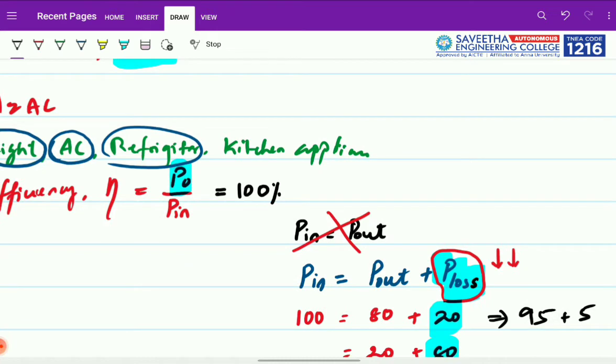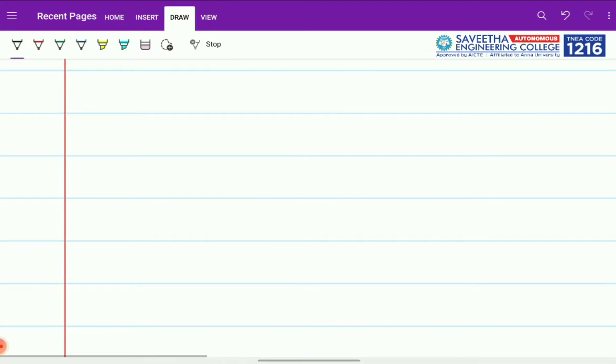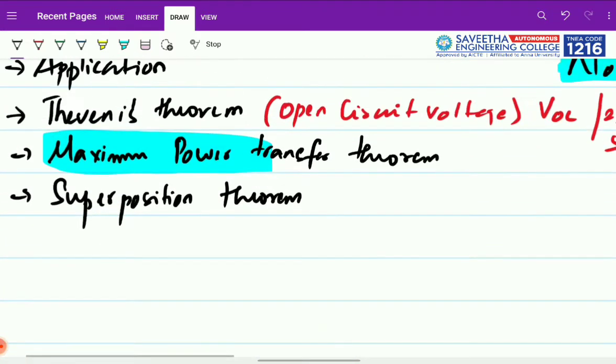In order to transfer the maximum power, we have certain rules, or a certain procedure to find it. To check whether the given circuit is able to transfer the maximum power from the input to the output, we have to confirm that.